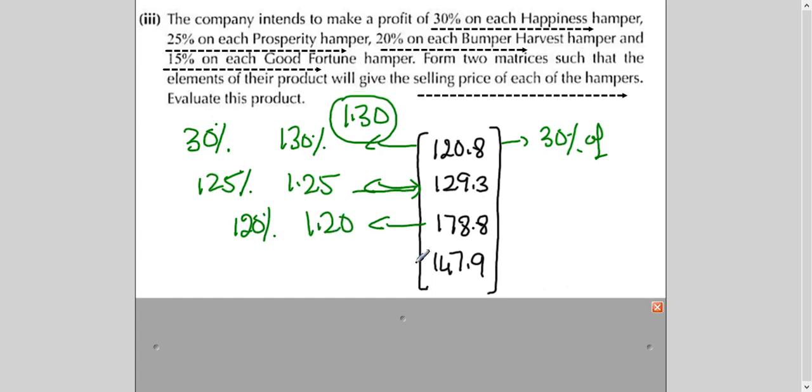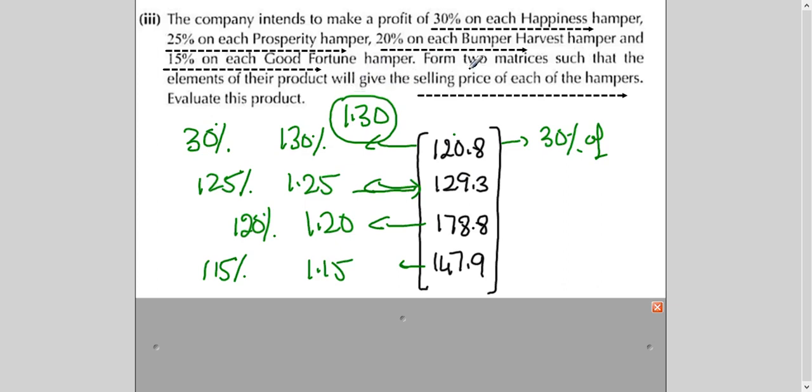And for the last, good fortune, they want to earn 15% profit. 15 plus 100 is 115%, which is 1.15. So now if I multiply this by this, this by this, this by this, I will get the selling price of each hamper.